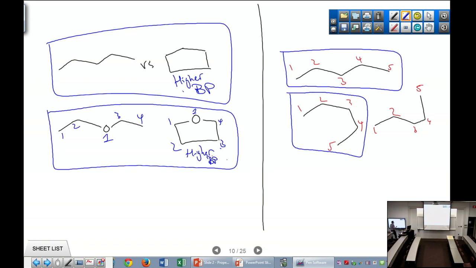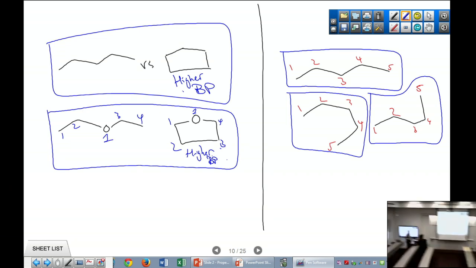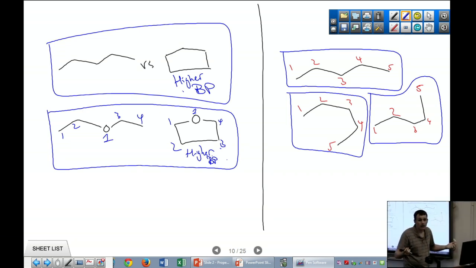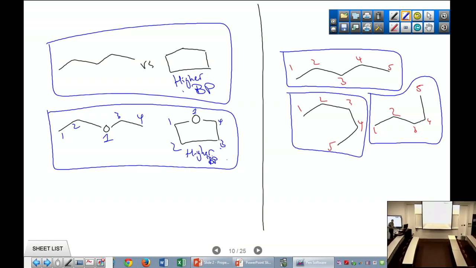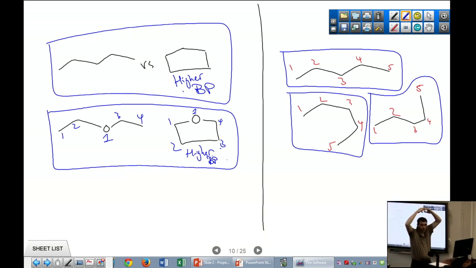So these are all pentane, but it's pentane in a different orientation. So if you look down here in the corner, sometimes you're the Y, sometimes you're the M, sometimes you're the C, sometimes you're the A. You can be in a different shape, and you don't fit together real well. When you're the ring, you're always the O, like you're Ohio. You have a fixed shape. You don't have any other shape, so it's easy to stack you together.